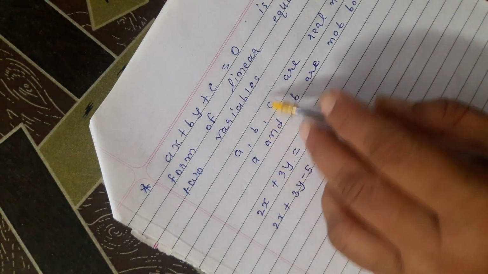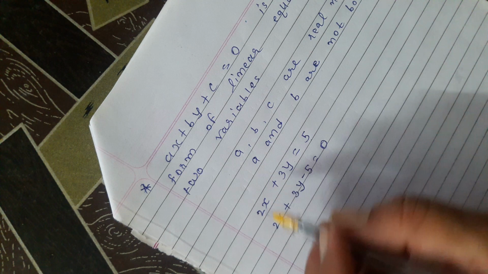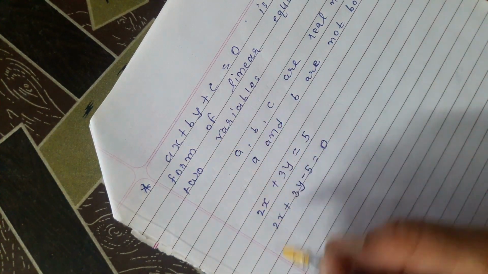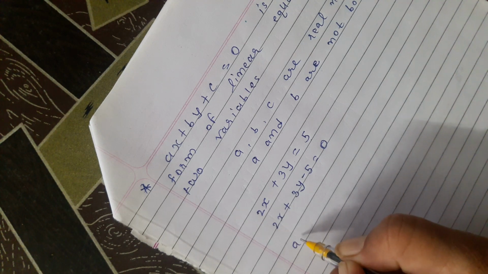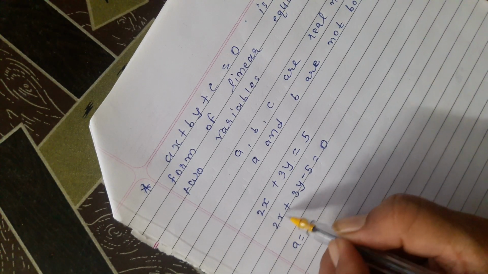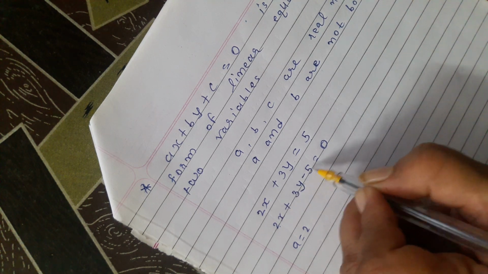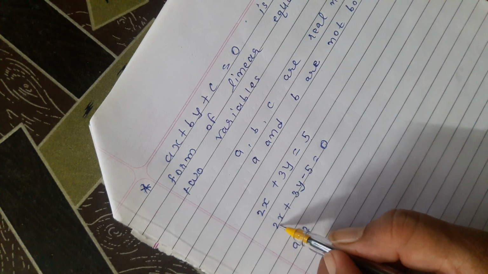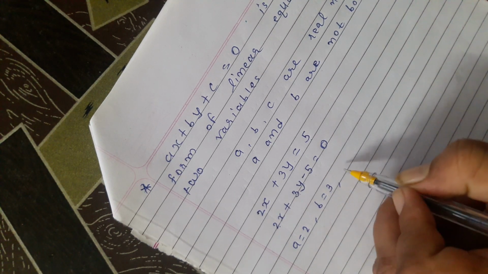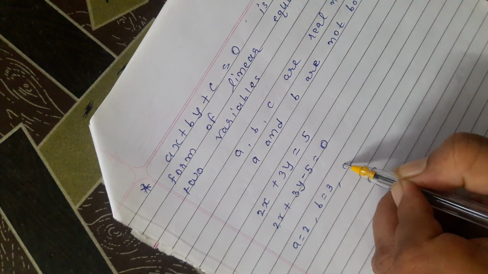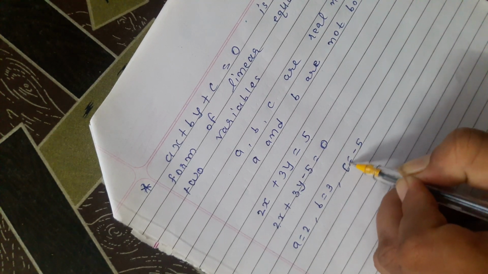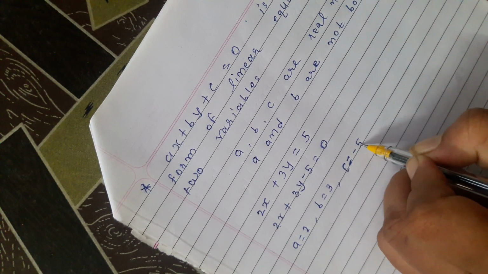Now what is a here? So a equal to 2. ax plus by plus c equal to 0. So a is equal to 2, b equal to 3 and c is equal to minus 5.